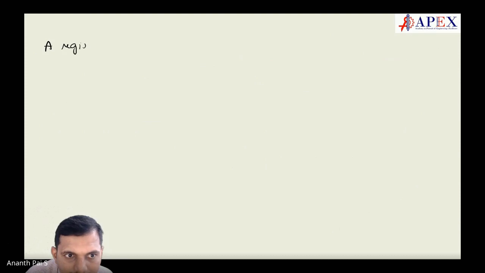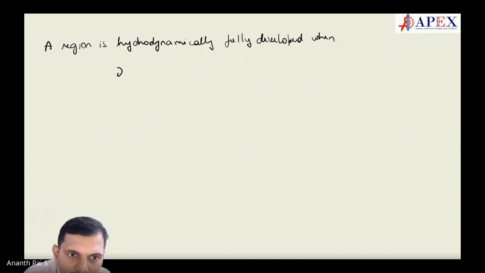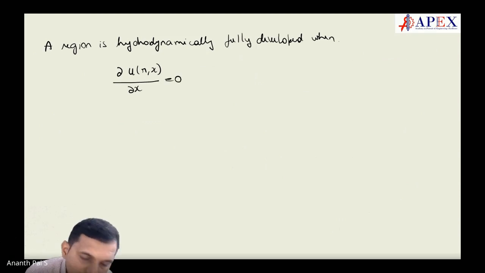Now, a region is hydrodynamically fully developed when ∂u(r,x)/∂x = 0, as u = u(r).